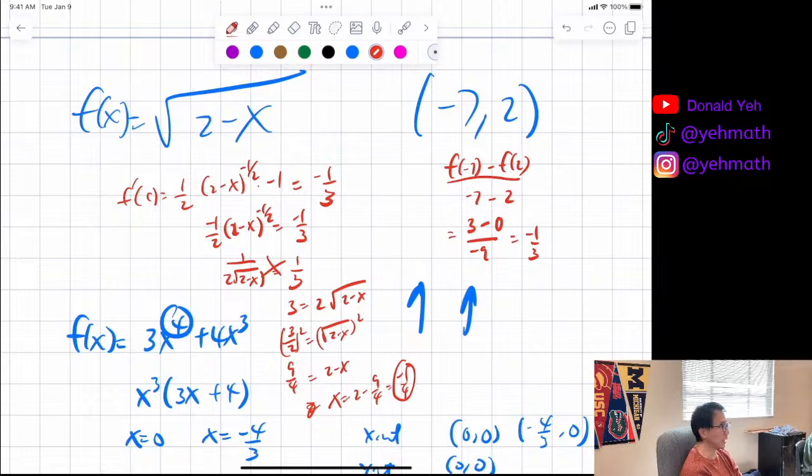Just solve an equation. The algebra part is what matters. That's the C value where the tangent line at -1/4 is equal to the secant line between the two endpoints. I got -1/4.